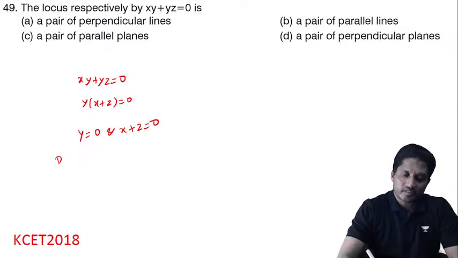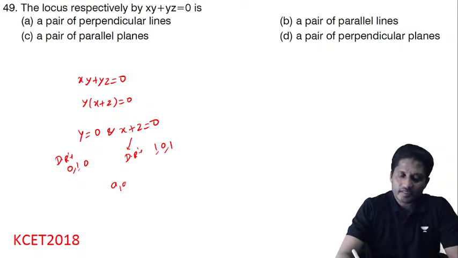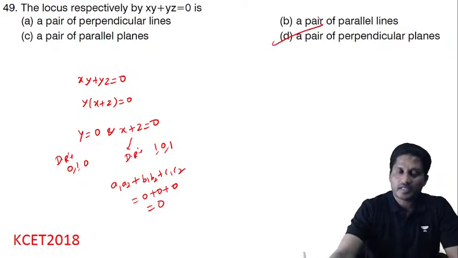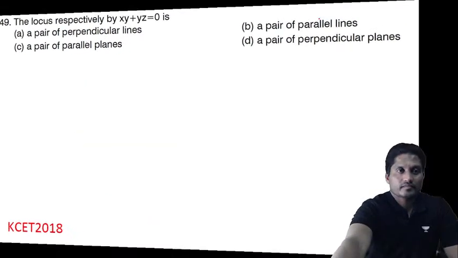Now the DRs of this plane will be 1, 0, 1, and the DRs of this will be 1, 0, 1. So now if I multiply the DRs, A1 into A2 plus B1 into B2 plus C1 into C2, it is 0 plus 0 plus 0, they are perpendicular. Pair of perpendicular planes. The answer is option D. Let's move to the next question.